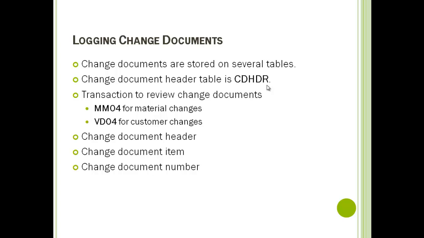For example, MM04 is a material change and VD04 is the customer change. The header information of these change documents will be saved in this table, and related information will be available in the related tables for MM04 and for VD04.